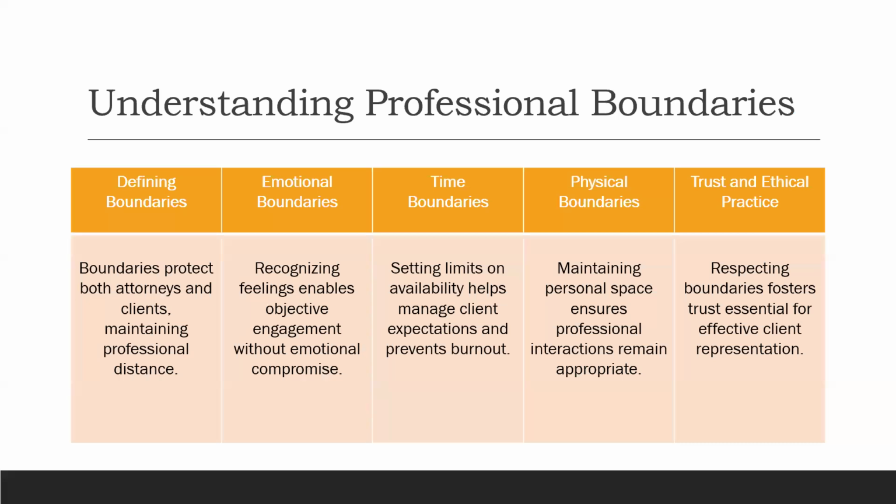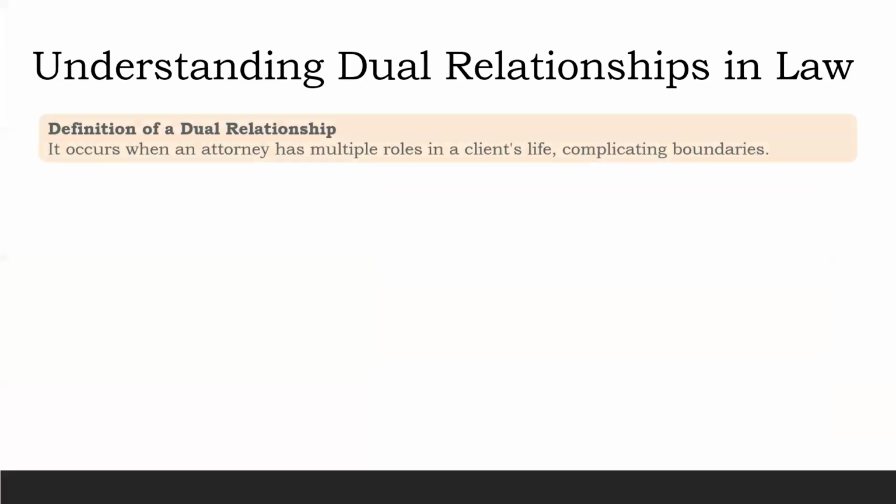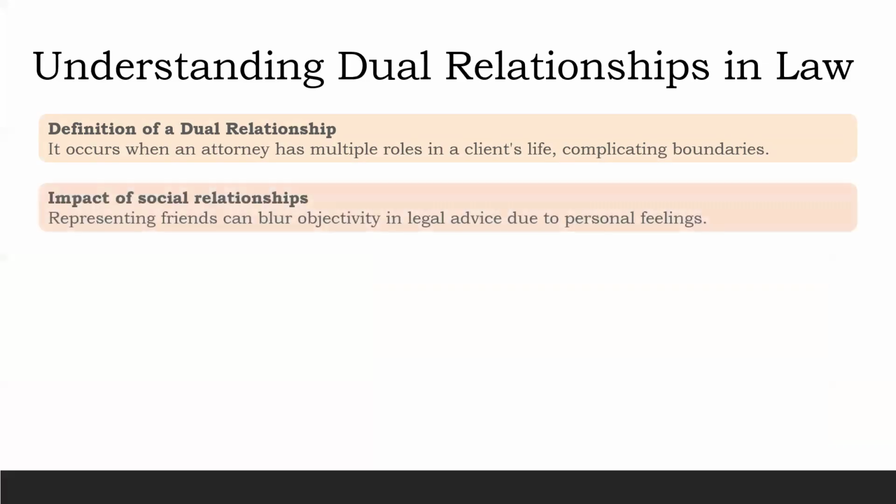So, why are boundaries important? They protect both the attorney and the client, fostering a relationship between both of you based on respect, trust, and ethical practice. In this context, it's very important to understand what dual relationships are. A dual relationship occurs when an attorney has multiple roles in the client's life. For example, you might represent someone legally, but also share a personal or business relationship outside of that context.